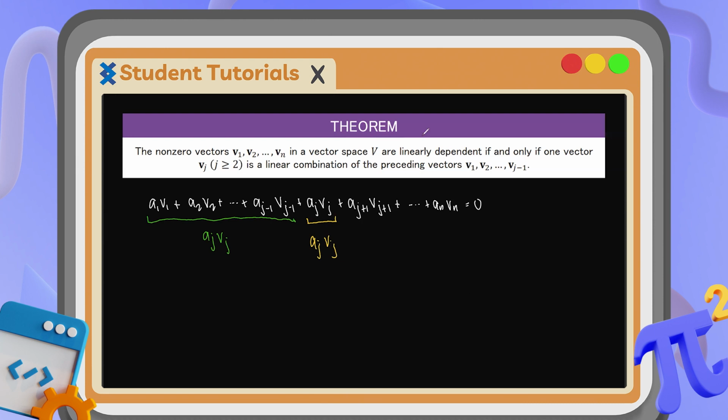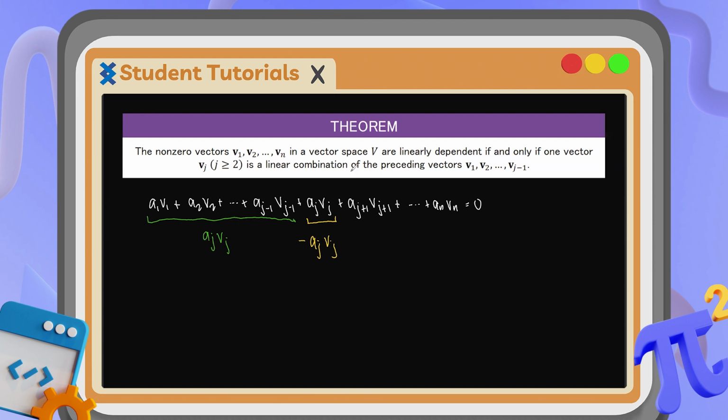And if you want to get to the 0 vector, we can subtract this with the other vectors preceding it, which would cancel out. So this one would already be the 0 vector when you add these two together.